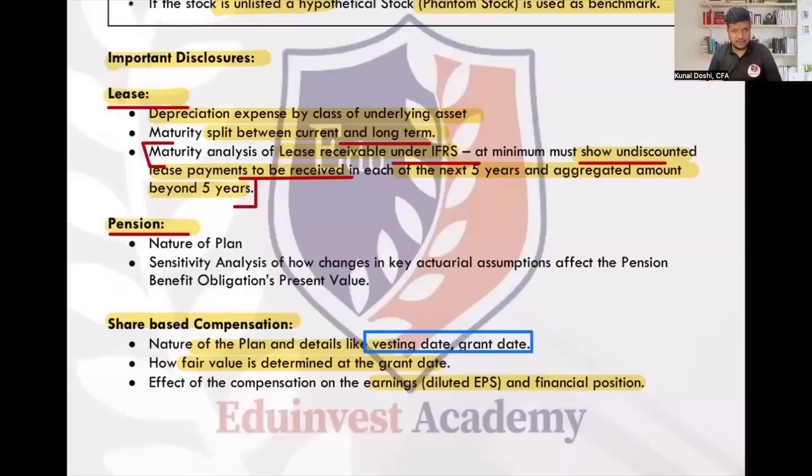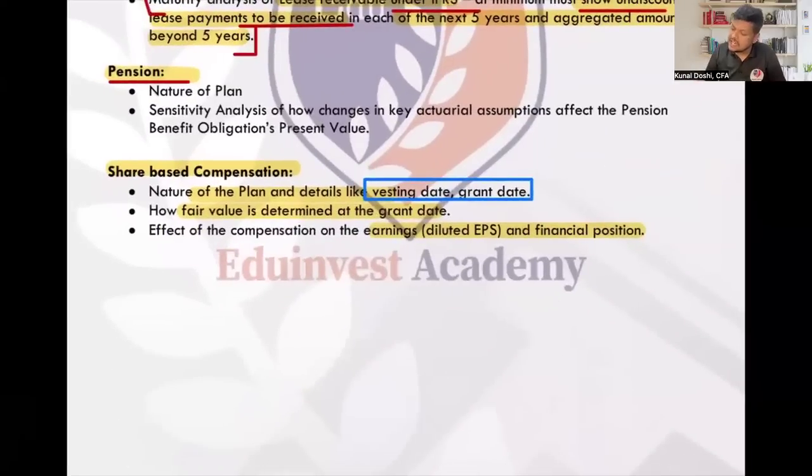This is a rule. In case of pension, we need to know what type of pension plan it is, DB or DC, and the pension obligation is an estimated number. How much will be the pension? That is based on how many people will join, when will they retire, how many years of service they will have, what will be their last salary, and how the pension will be calculated.